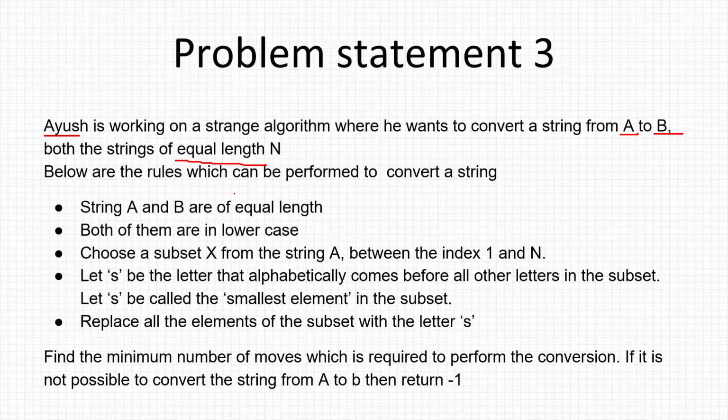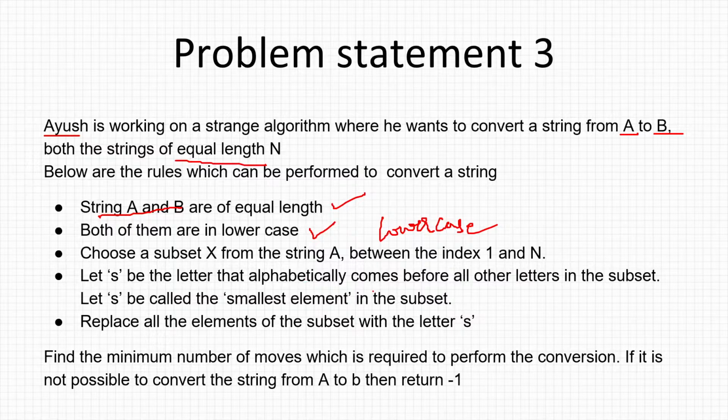Below are the rules which can be performed to convert a string. String A and B are of equal length. That's the first constraint that you have to take care of. Both of them are in lowercase, without the hassle of converting uppercase to lowercase; you can convert directly with some string or character functions.